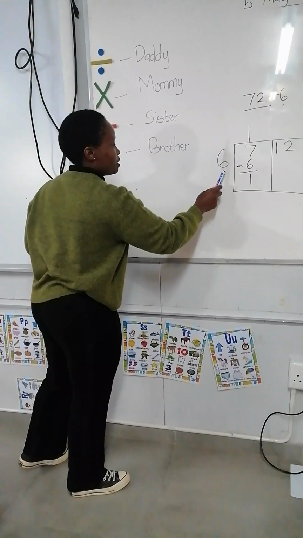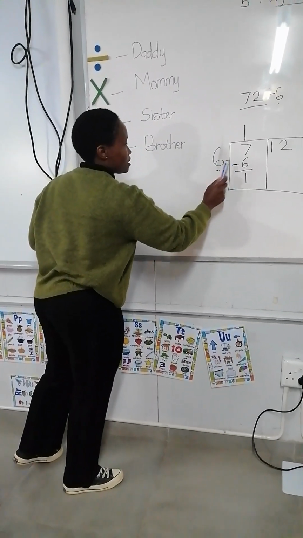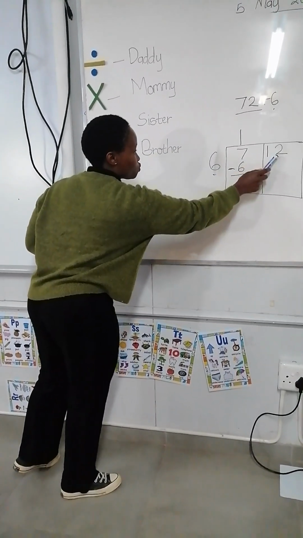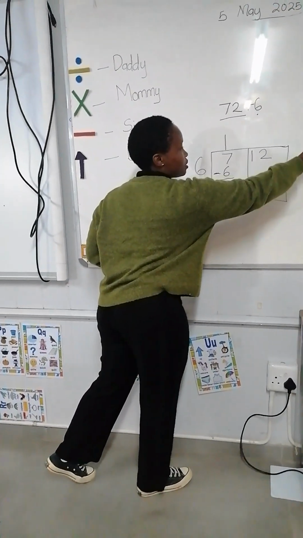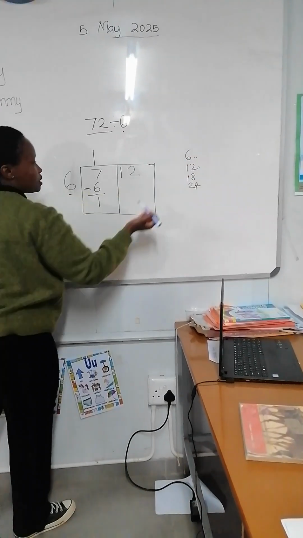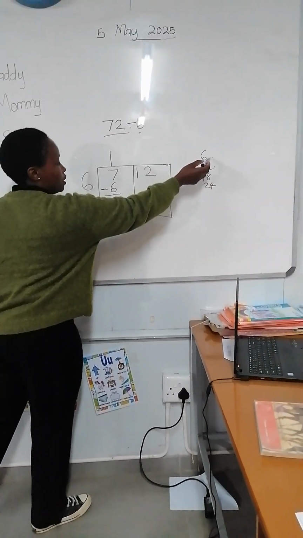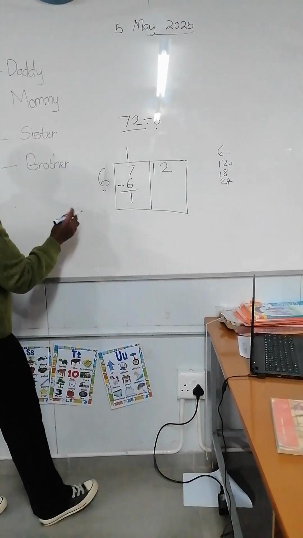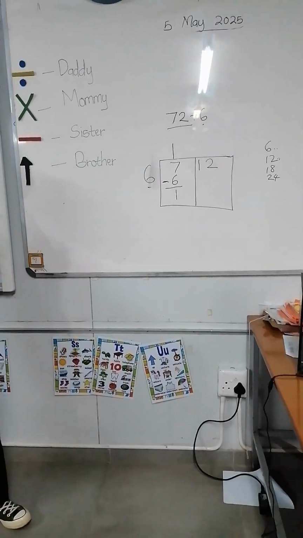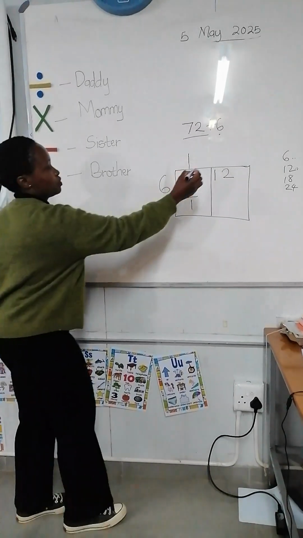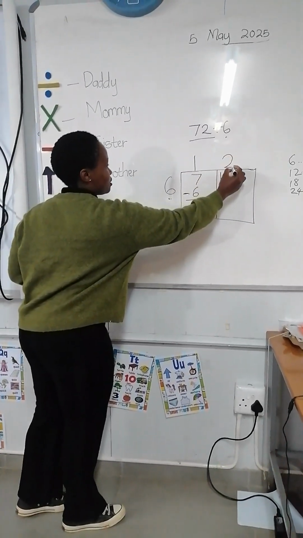We are going to say 6, how many times does 6 go into 12? 2. It goes in 2 times. Remember your blue board? Does anyone have a clue where we write our 2? On top of 12.